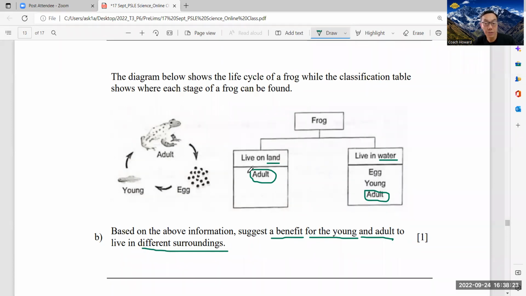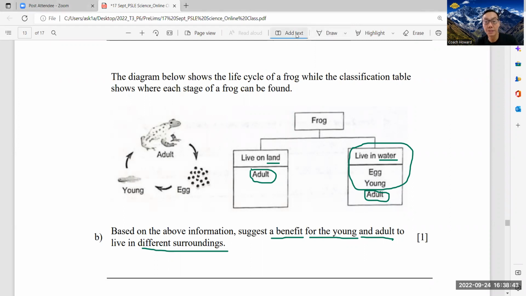Because the young only lives in water, while the adult lives in both, one of the benefits is that the young and adult will not need to compete for food or space.